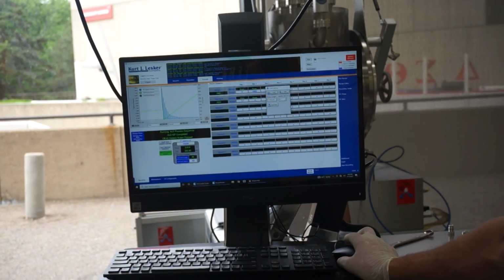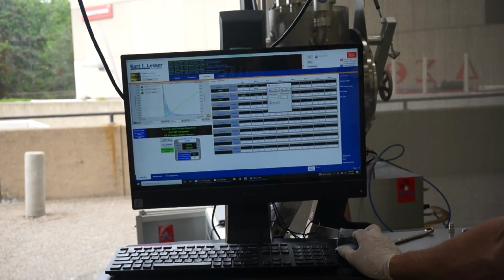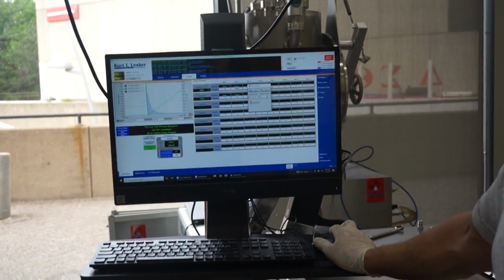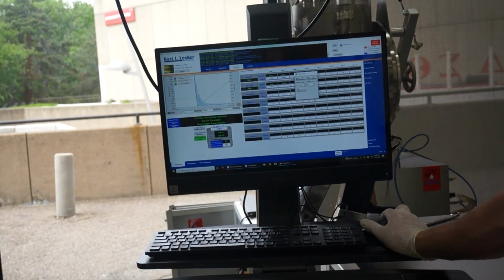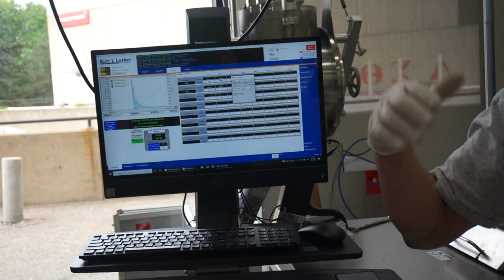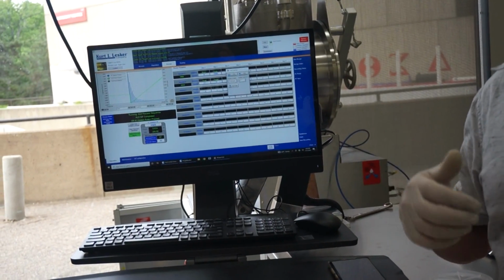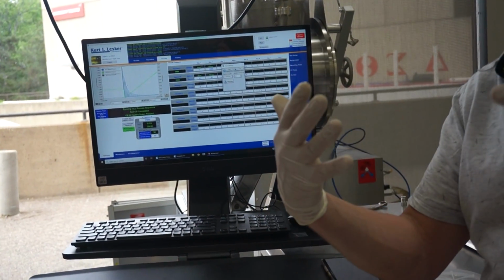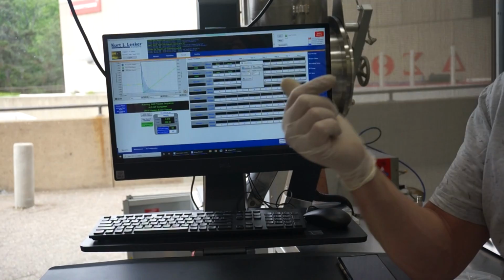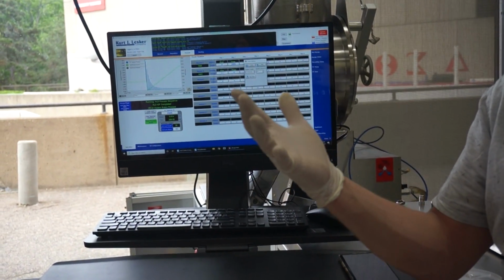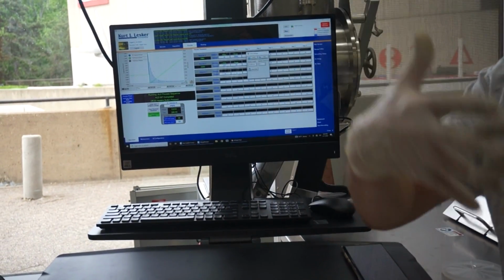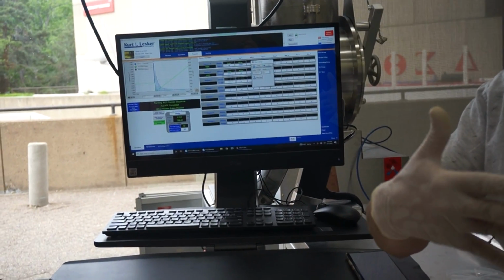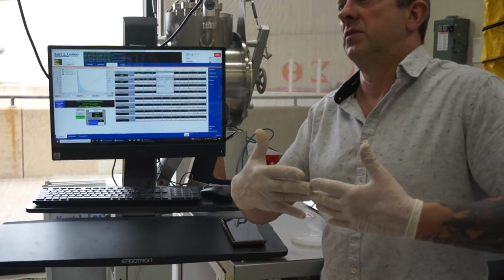So ALD is a subset of CVD. Chemical vapor deposition, ALD is a subcategory of chemical vapor deposition, not physical vapor deposition. Because in a CVD reaction, you have an oven and you're putting two precursors together at the same time to have a build.